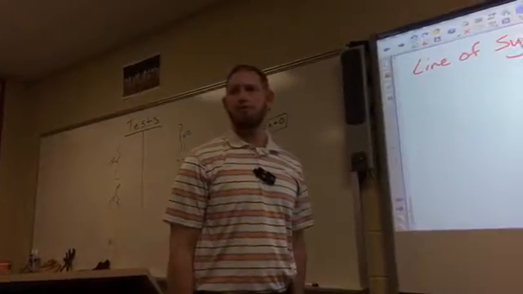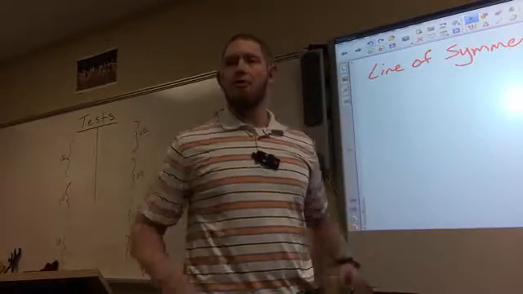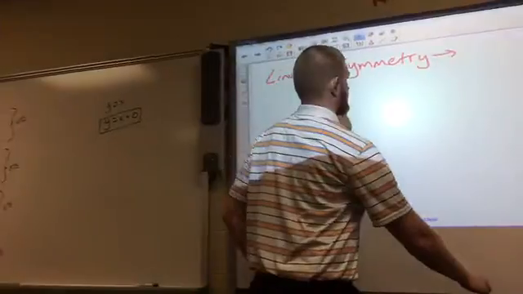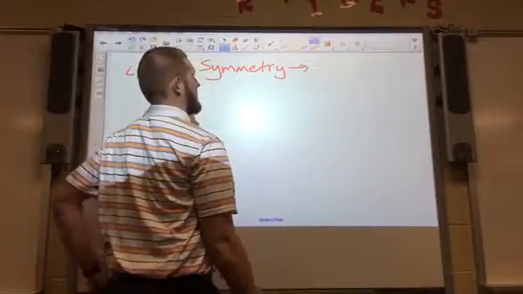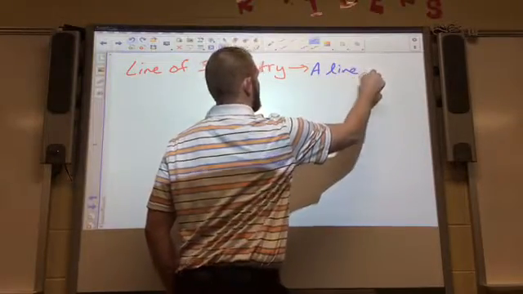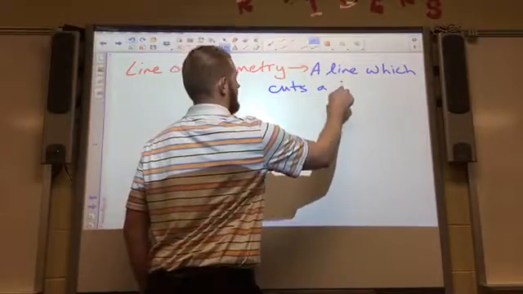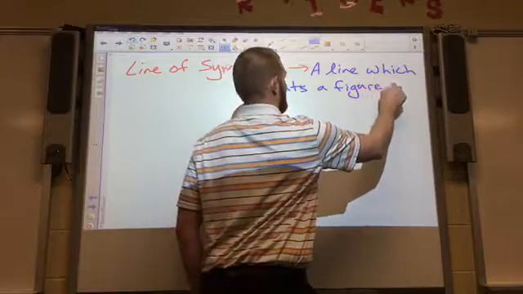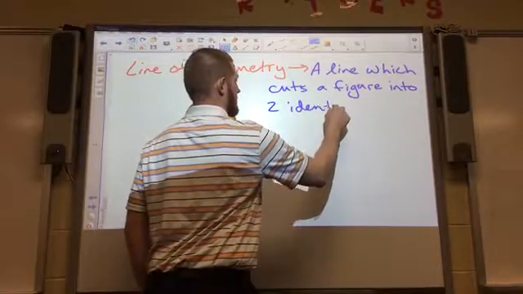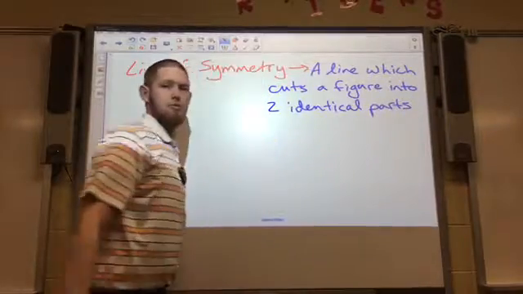Somebody explain that to me. So it's the line where you cut something and it's exactly the same on both sides, right? What we decided last class is the best definition for this is a line which cuts a figure into 2 identical parts. Does that work? Does that make sense?